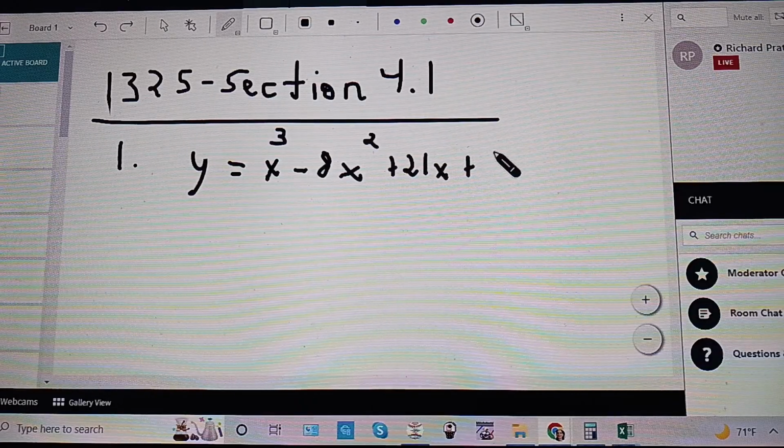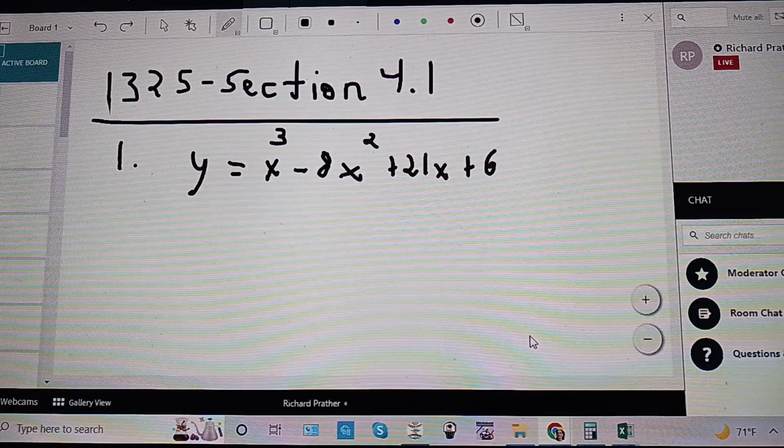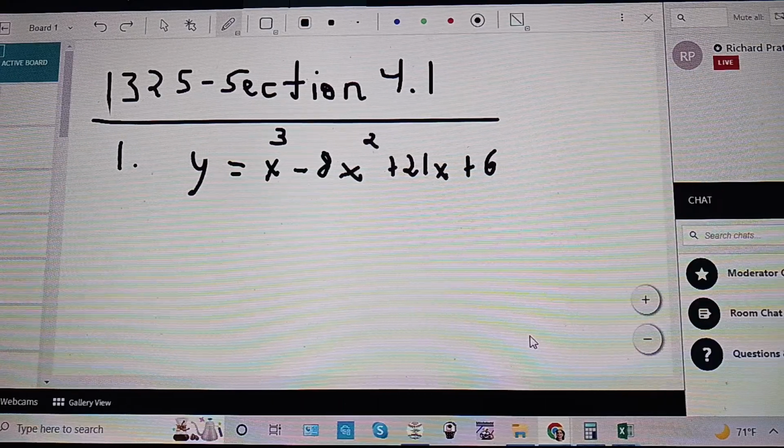So we could easily do this with the limit idea. It just would take a long time, probably like 10 minutes for one problem.